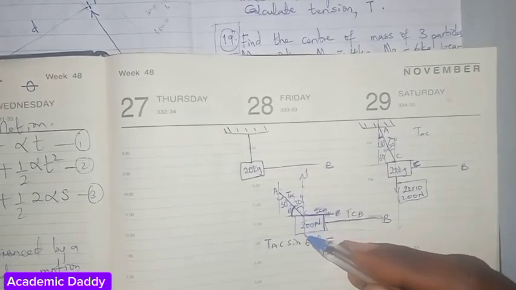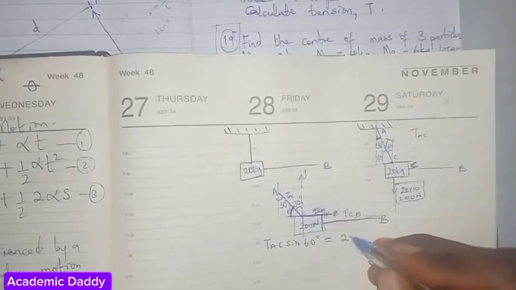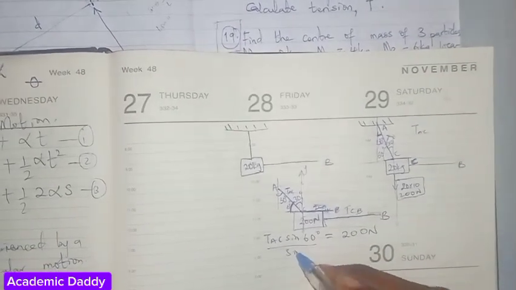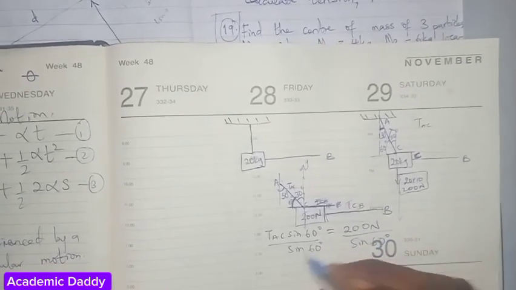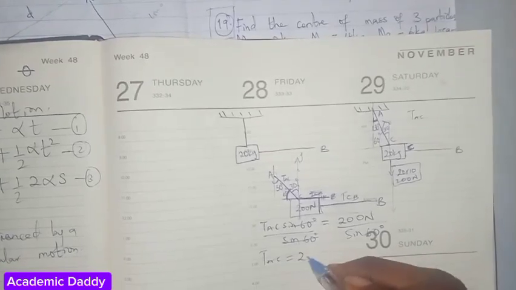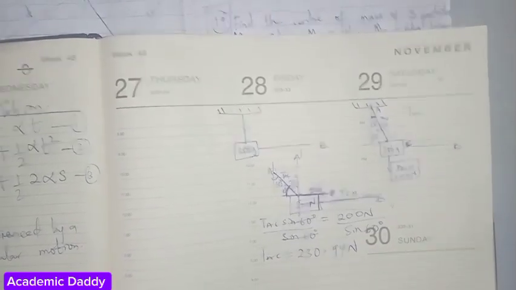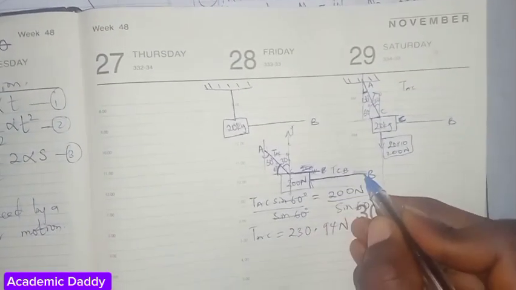The downward force here is 200 Newton, so TAC sine 60 equals 200 Newton. Dividing both sides by sine 60 degrees, TAC is equal to 230.94 Newton.